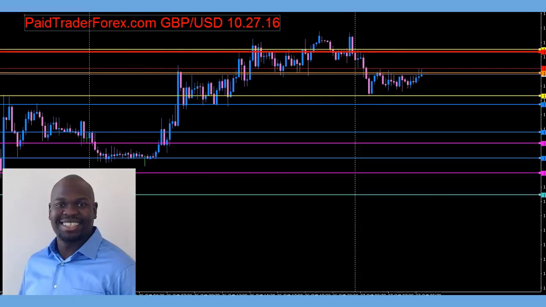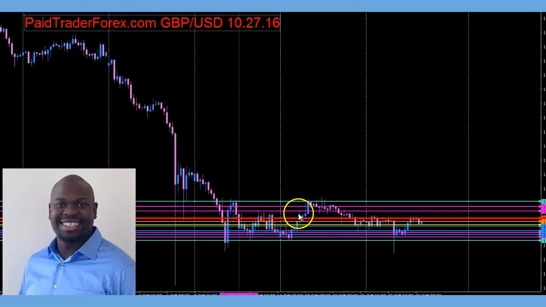If we take this out to the 4 hour, you can see we're in a pretty awesome range at the moment. And you know how I feel about ranges. You know how I like to trade them. And as to be expected, we got a reaction off of the action line, off of Main Street here.